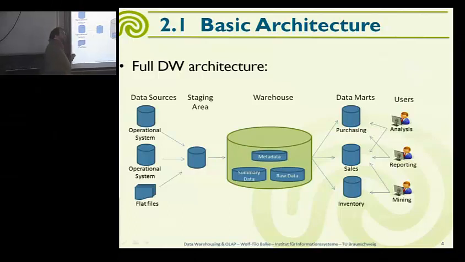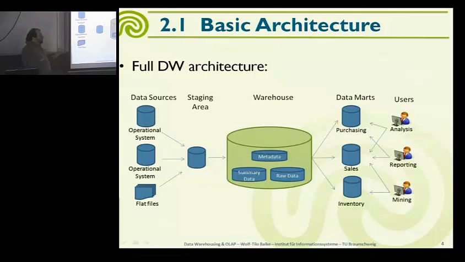I mean, there was the Walmart example where the cash registers were frozen for 10 minutes or something because there was a big analytical query running at the time, right? This is not what you would want. So this is the staging area. In the staging area, you can manipulate the data, you can transform it, you can work with it, and then you get into the actual warehouse.